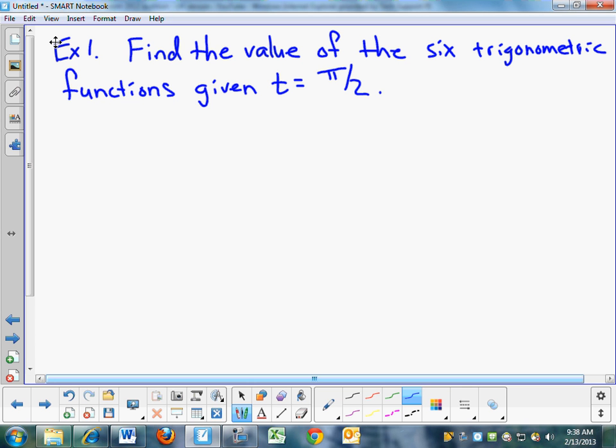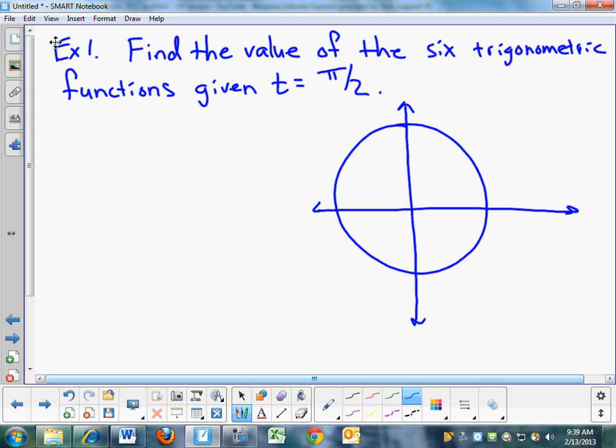Okay, so here we go. T equals pi over 2. I'm going to draw my picture. Got my graph. Draw my circle. And our very intelligent one over in the corner here, Larry, said that pi over 2 is what? 90 degrees. Okay?